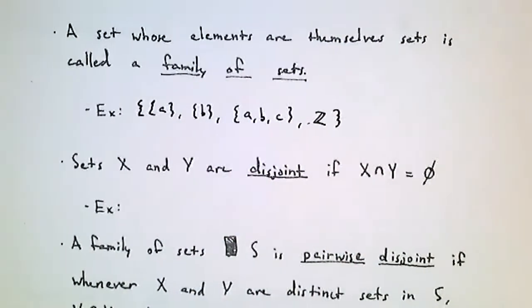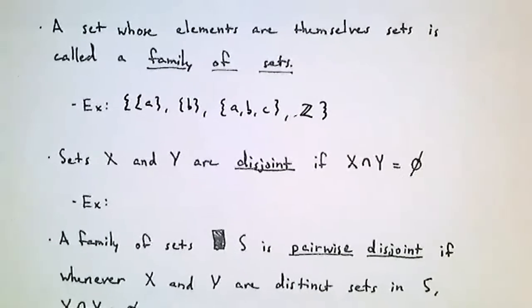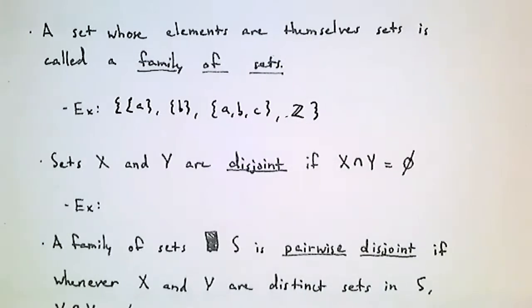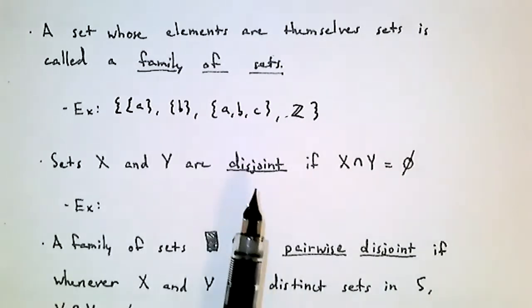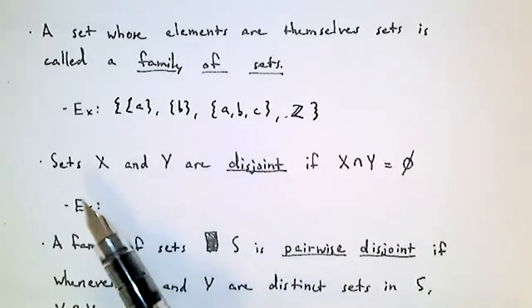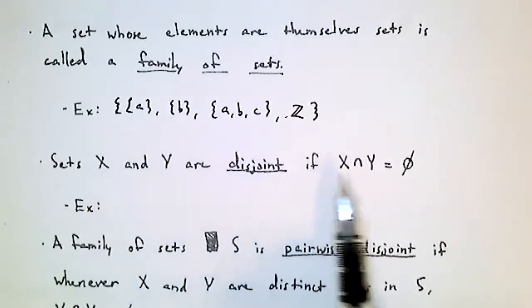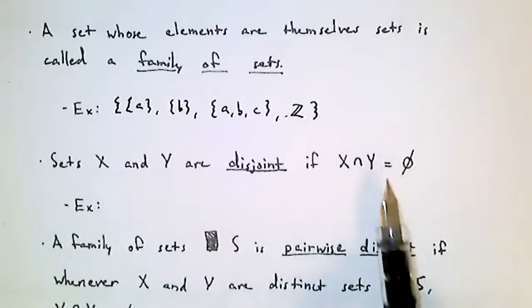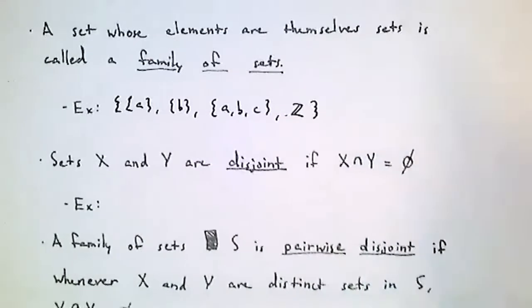I want to get down to here talking about pairwise disjoint families. But before we do that, I have to tell you what disjoint even means. If two sets are disjoint, then they don't have any elements in common. So that means their intersection is empty, equal to the empty set.